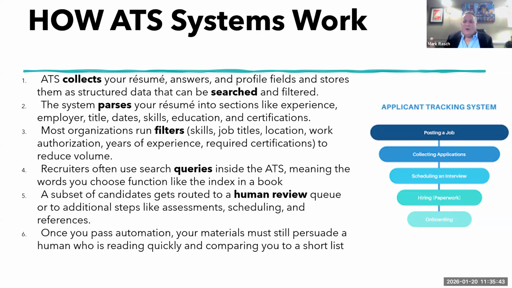You're going to give a little story in there about something you caught and saved the company money because you were attentive to detail, even if you were applying for an entirely different job. So you want to have this story told over and over and over again in theme and variation. All right. So that'll get you past the ATS system.